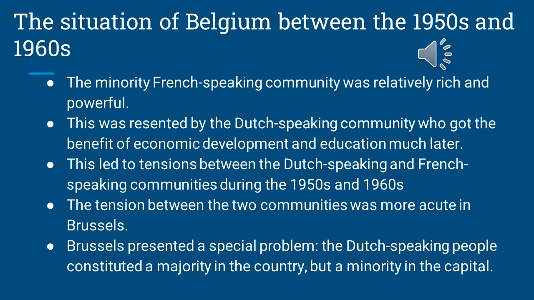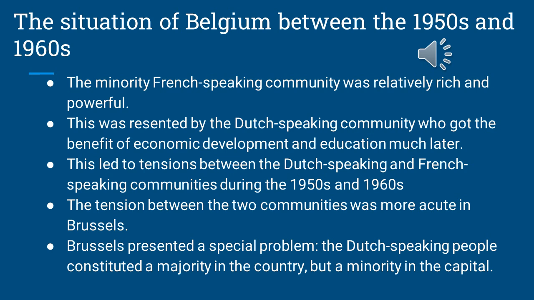And the reason is very clear: 80% French speakers and 20% Dutch speakers. Brussels presented a special problem. The Dutch speaking people constituted a majority in the country but a minority in the capital.